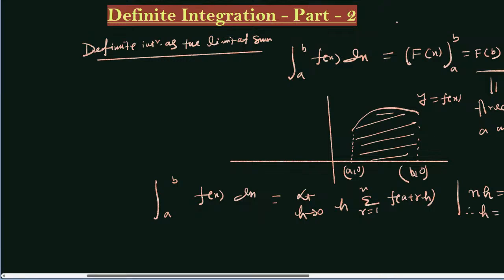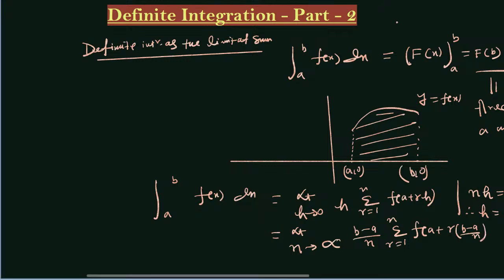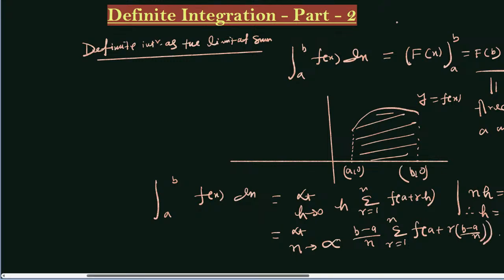So if you replace h by (b minus a) by n, then this is going to be the limit of (b minus a) by n, sigma r equal to 1 to n, f of a plus r into (b minus a) by n. This is just to remind you.